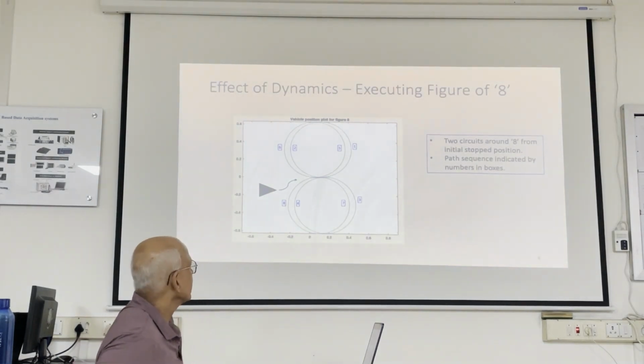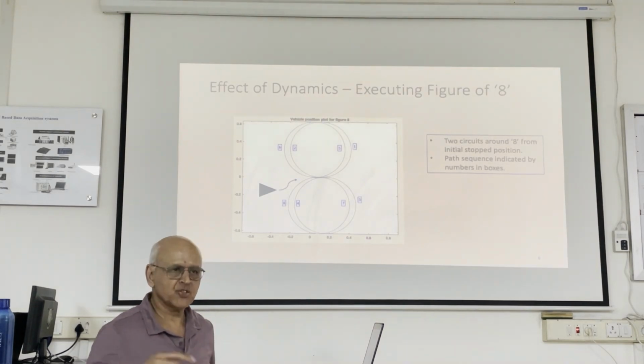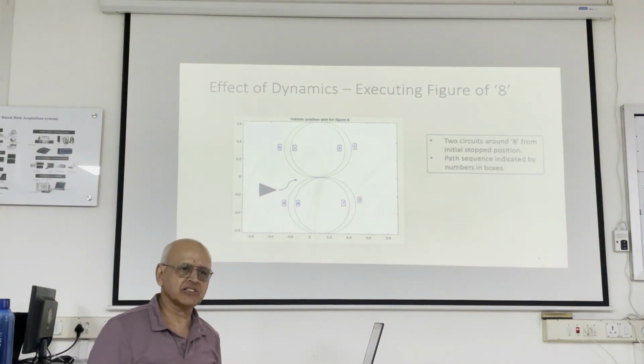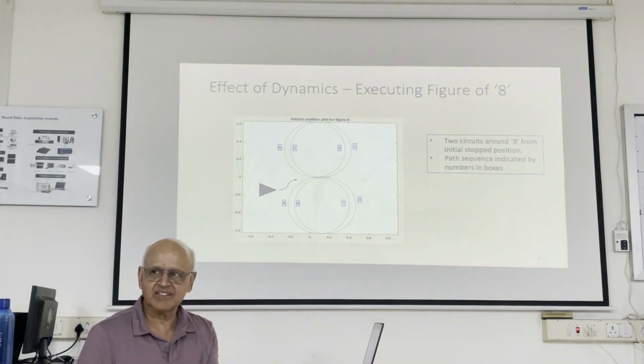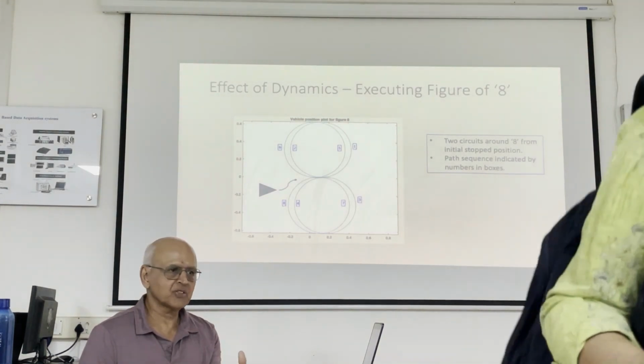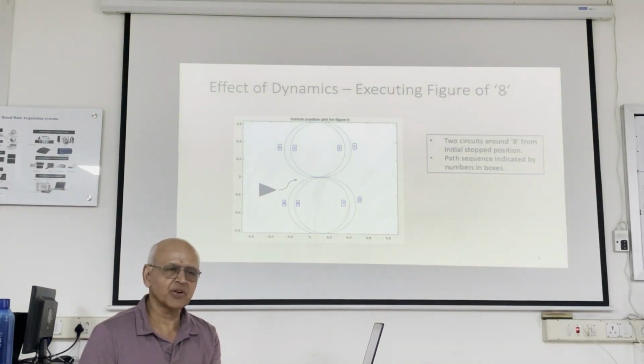So on 1, which wheel has to eventually reach a higher velocity? Left wheel or right wheel? Right. The right wheel, right? But they both started at 0, 0. And I'm assuming that they have the same motor. Why would somebody use one brand of motor here and another brand of motor here, right? So I'm assuming they have the same brand of motor.